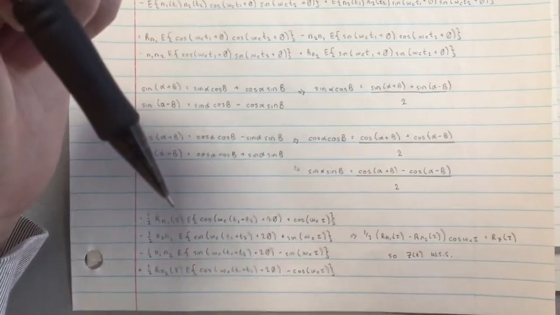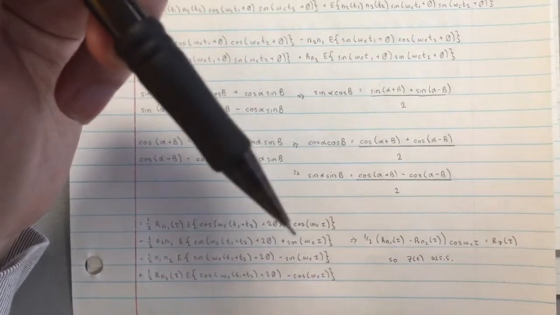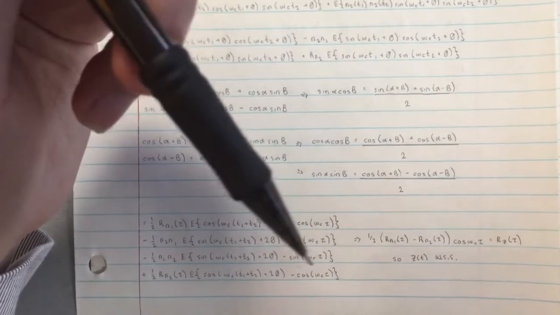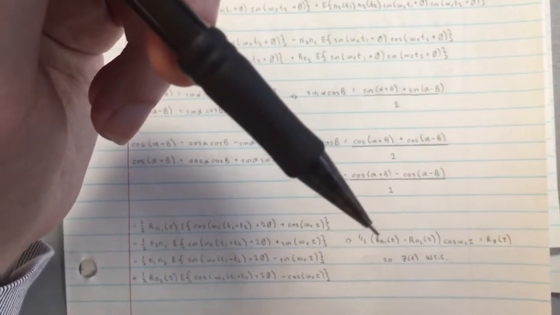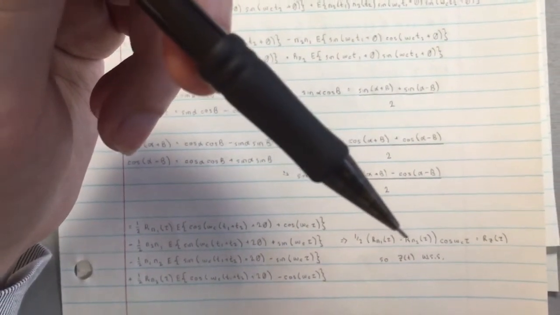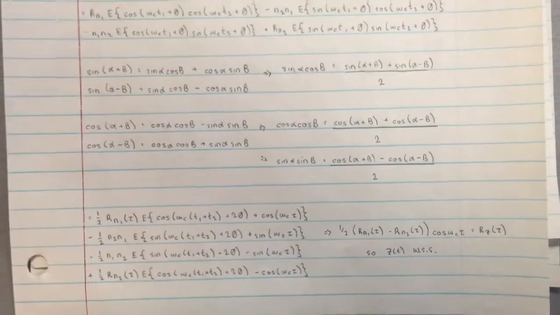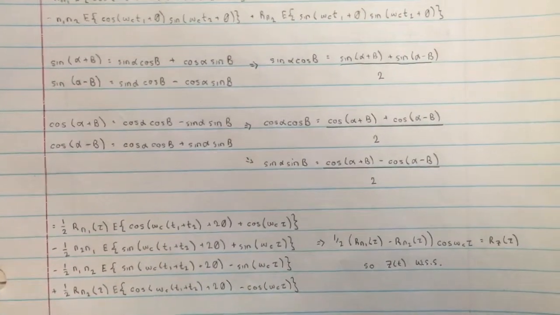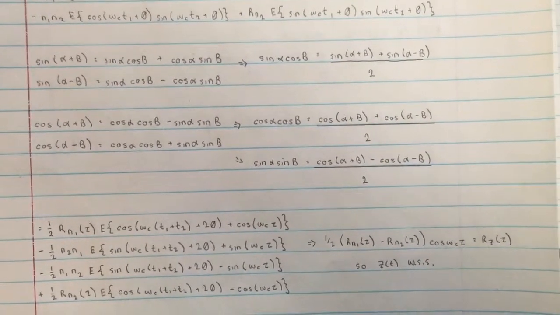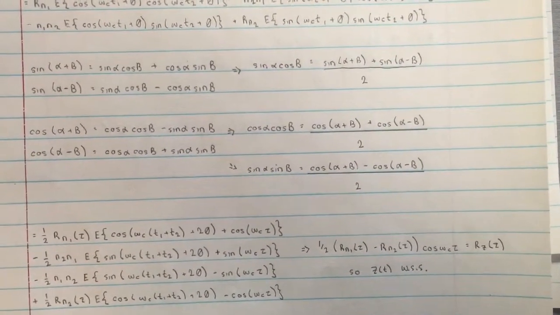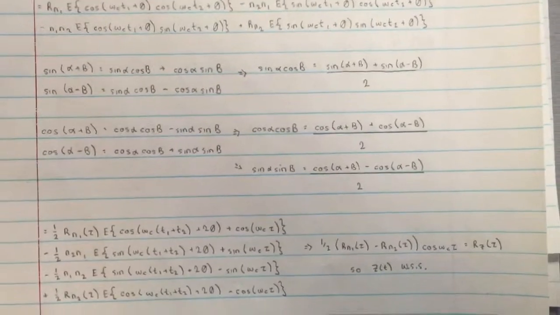So we have the first component times cos here, and the last component times the negative cos. When we factor that out, we get 1/2 of R of N1 of tau minus R of N2 of tau, all times cos of WC tau. And that is our R of Z of tau.